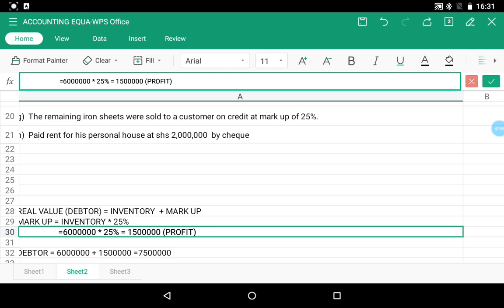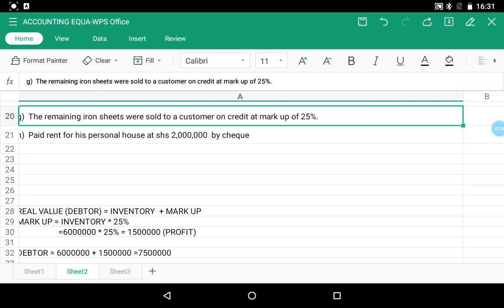So I think you are getting markup. They say the iron sheets were sold to a customer on credit at a markup of 25%. And we have said a markup is something that you add on something. The amount we have added on is a profit. It means we first get 25% of our remaining inventory of iron sheets, which is 6 million.